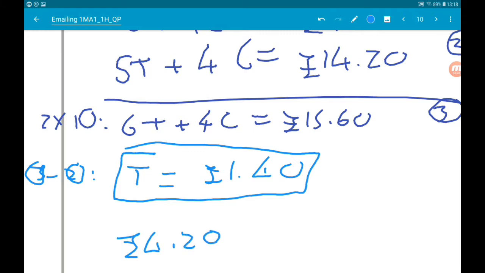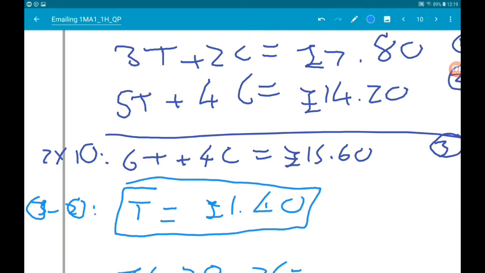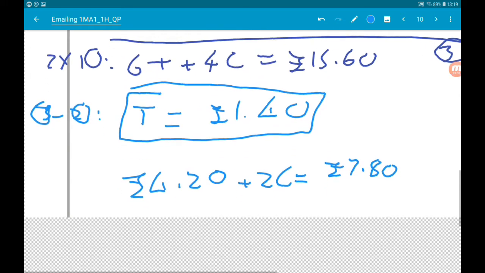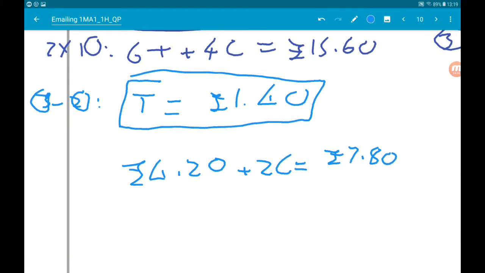Add 2c is £7.80. So if we take away £4.20, we get 2c is £3.60.